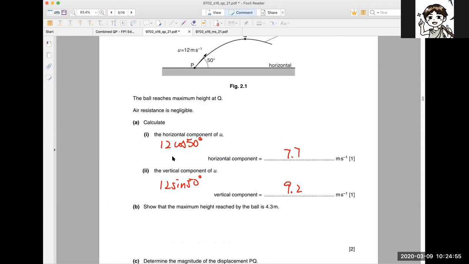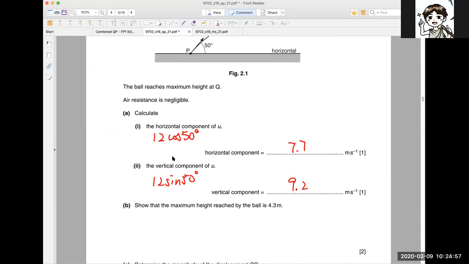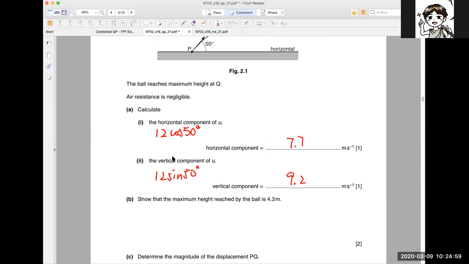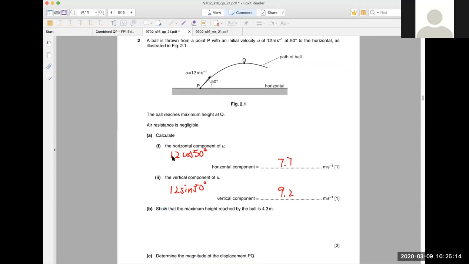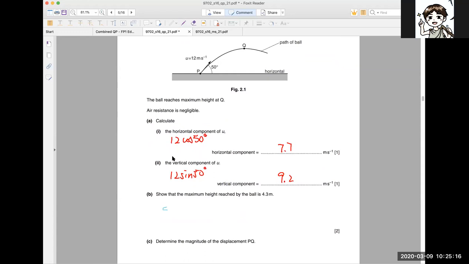Can anyone write down your answer here? How do you get the maximum height? Is there any more information?